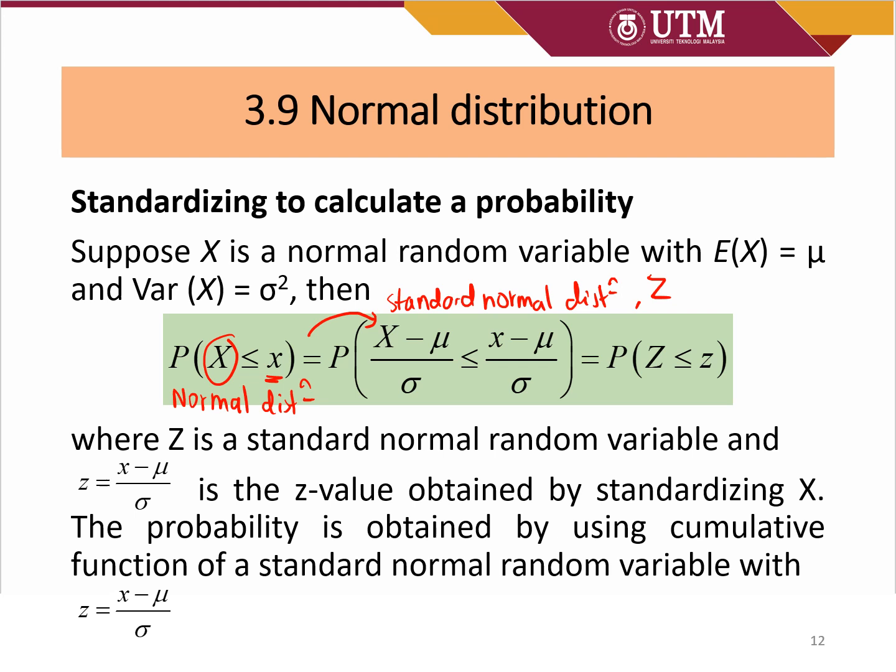To transform this, x minus mu over sigma is less than or equal to that value minus mu over sigma. This can be represented as our standard normal distribution, and we will get the value because we know the value for x. So this is our z-score.